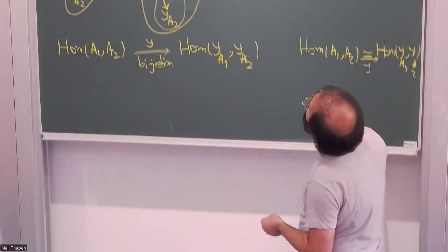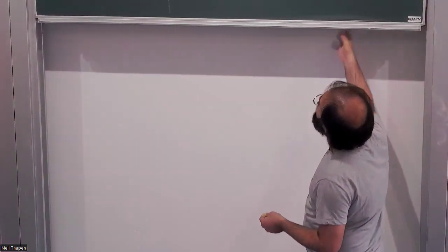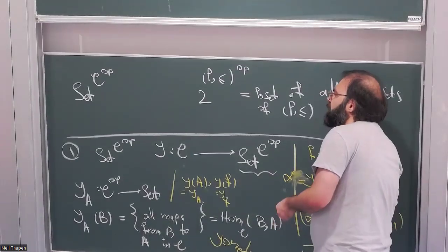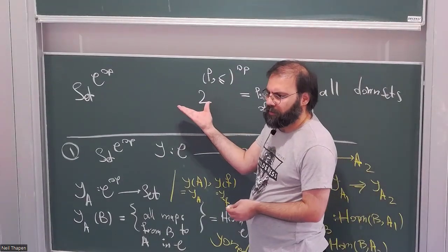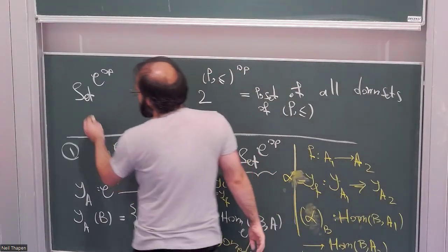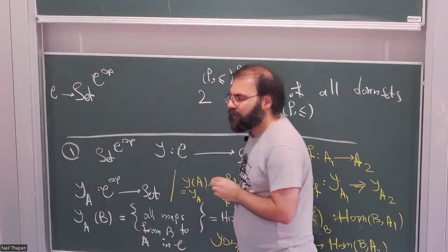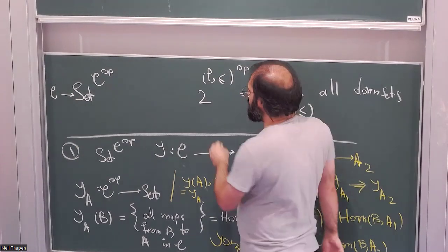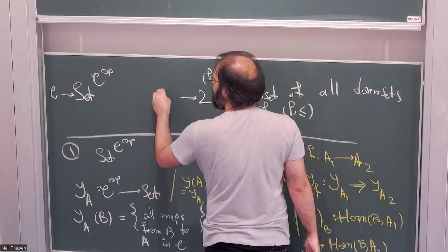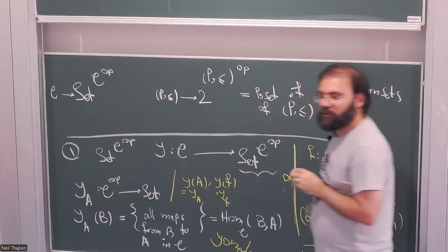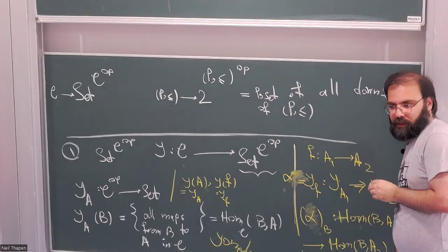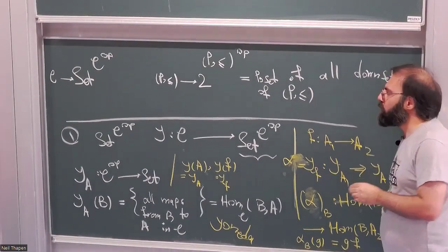So if you find it complex, it is not complex, but it is messy. Maybe it helps to see the same thing here. Here I said that you can go from C via one embedding to set to the C opposite. Here I'm saying that you can go from P to the downsets. This is just the same thing. How to go there?